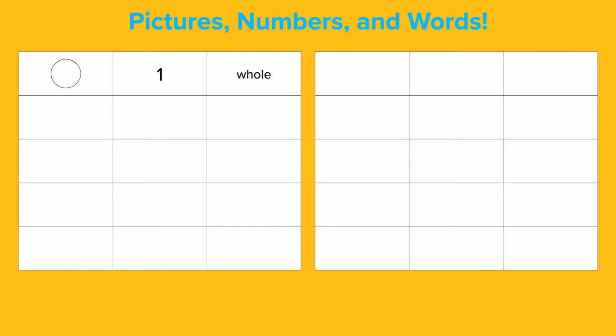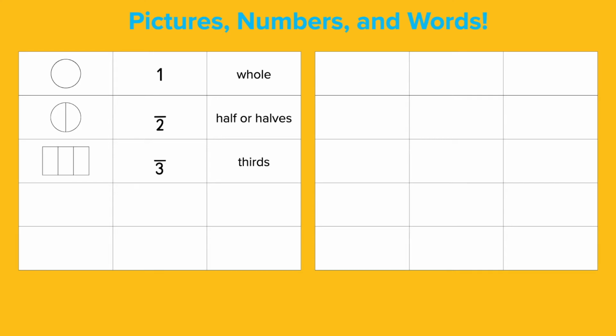If something has not been divided into equal parts, we simply call that a whole, and we just write the number 1. We don't write a fraction. If something has been divided into 2 equal parts, a 2 is our denominator, and we say that it has been cut in half or into halves.